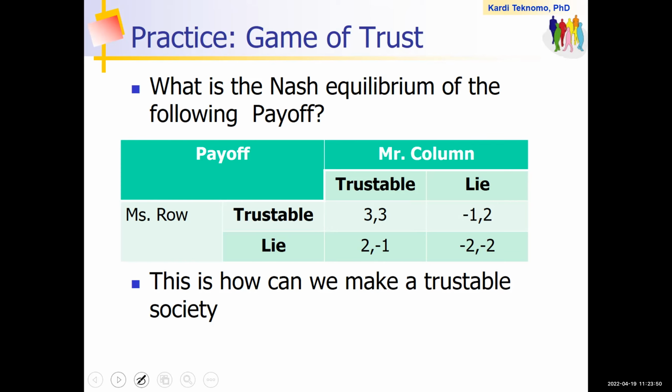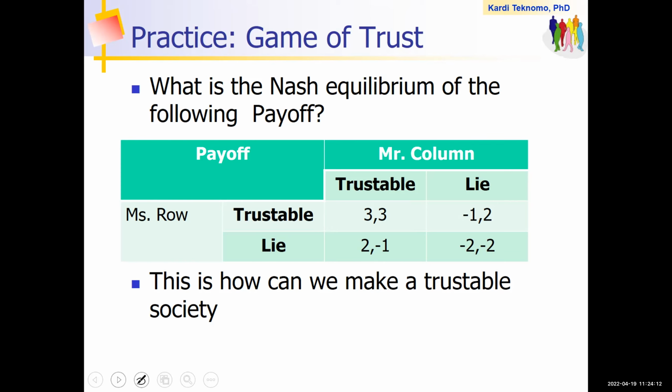If they are trustable, you give a reward much higher than if they lie. And if both lie, you must put it very low.